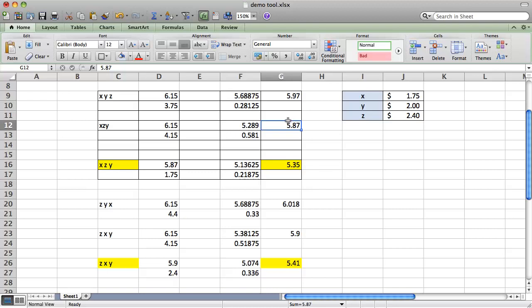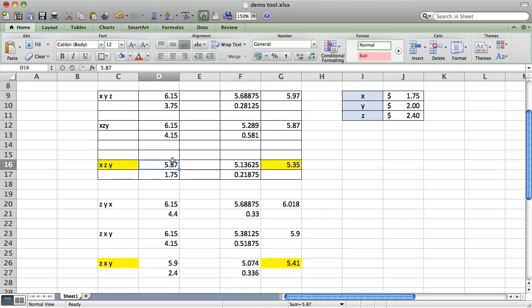But this still doesn't consider and weight the effective total cost, considering the probability of failing test X. So we're working all the way from back to front, the $6.15 all the way back to the first step of running test X. And the $5.87 we already know is the minimum of these two.